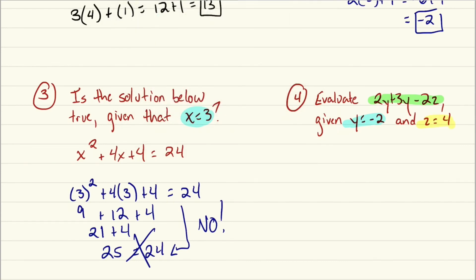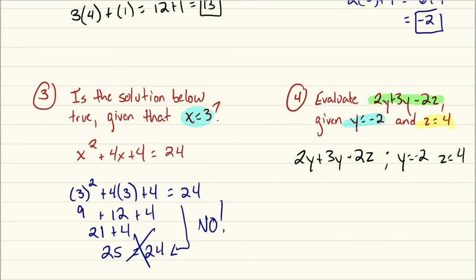We can rewrite it in shorthand if we want to: 2y plus 3y minus 2z, where y is equal to negative 2 and z is equal to 4.